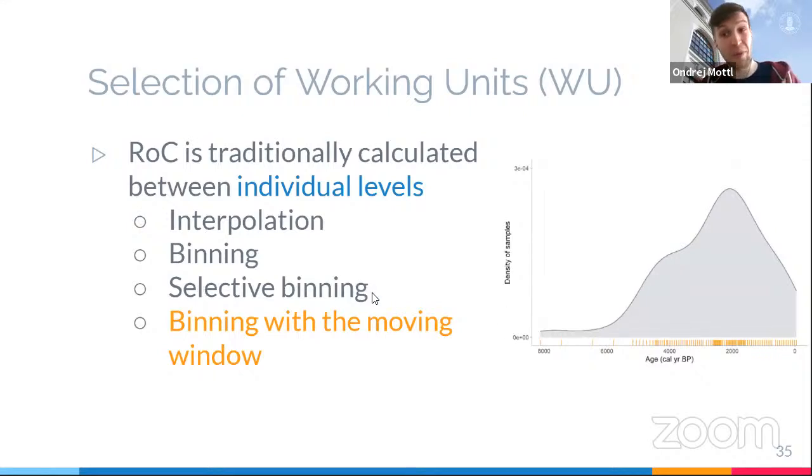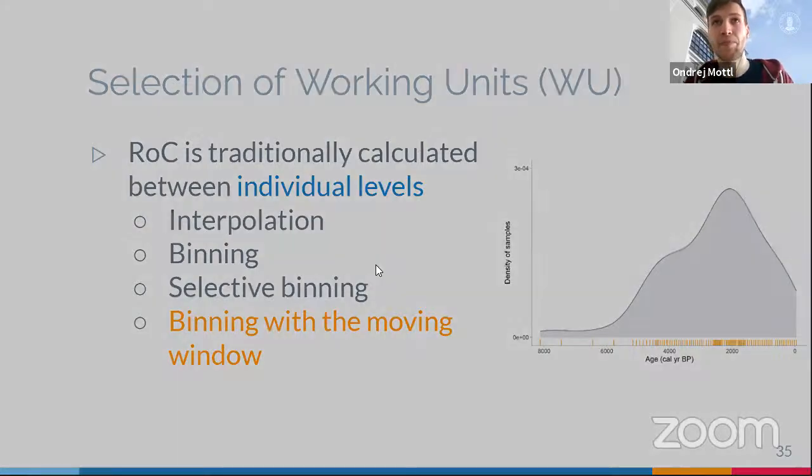You can also do selective binning, where you will do, let's say, a 1,000 or 500 year interval, but inside of the time bin, you will just select one sample, which will randomly represent that time bin. Or you can do binning with a moving window, which is a method we developed, and I will be talking a little bit more about it in the future. But for now, I think it's just worth remembering that a working unit is something you are calculating the rate of change between, right? It could be levels, it could be time, it could be various things.